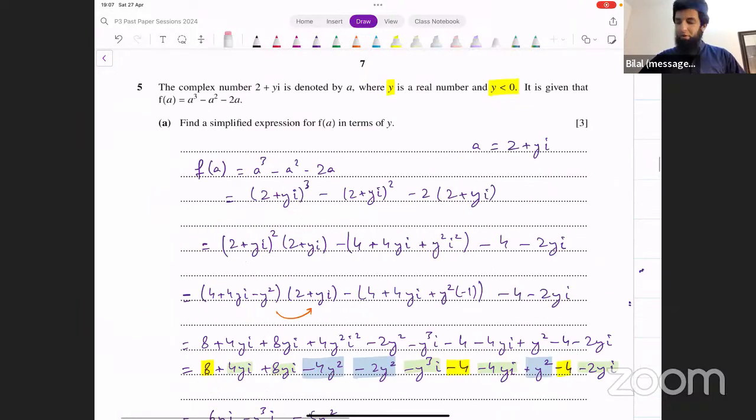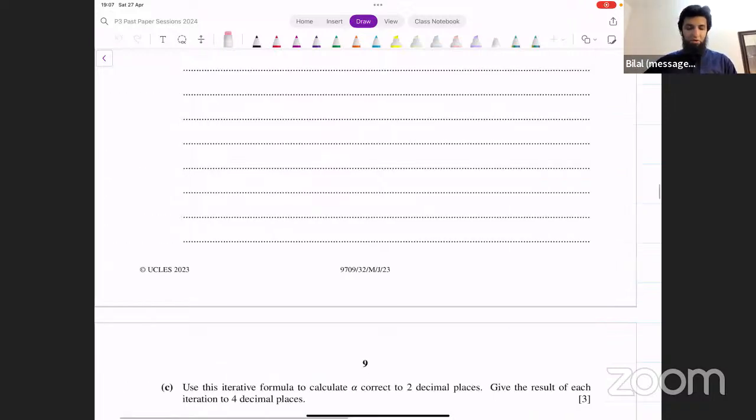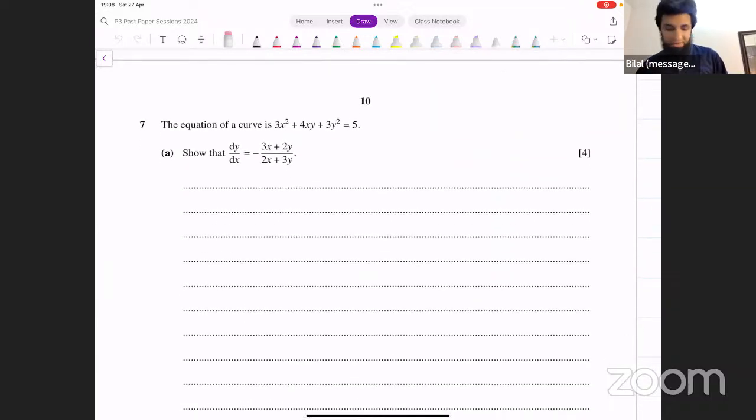The next questions that we want to do are question number 7, 8, and 11. These are the 3 next questions. But what we're going to do is have a 10-minute break right now for Maghrib, and then we resume and start with question number 7 after that.